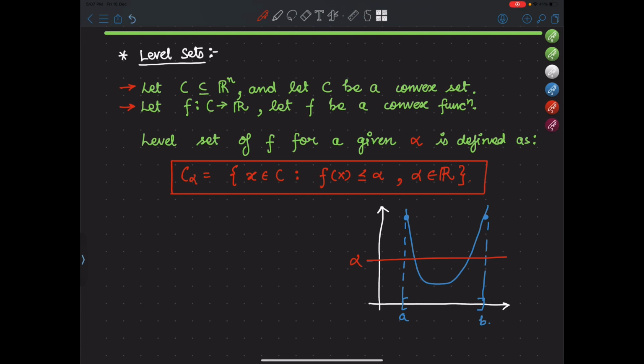So all the points of f(x) such that f(x) is less than this alpha, let's call them A prime and B prime, then A prime comma B prime is C alpha. So this is what level set means. If you have been given some real number alpha, then the level set can be defined using that.